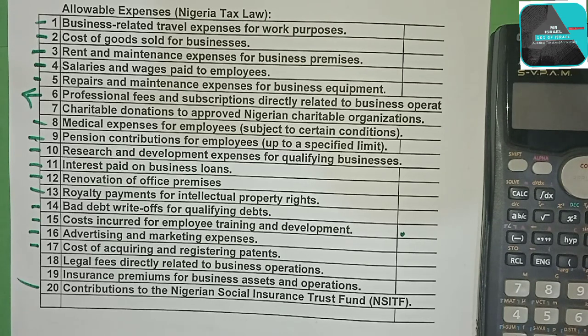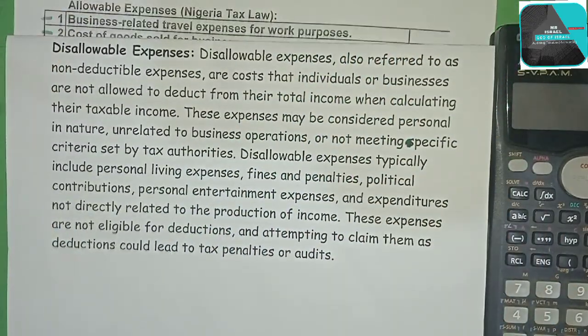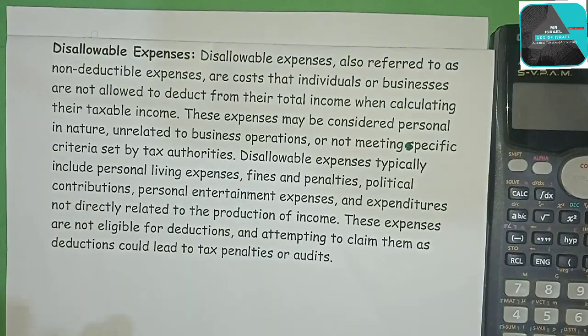Now let's check out disallowable expenses. Yes, I want to do this so that when I'm computing the company income tax, I will not be explaining more on this.